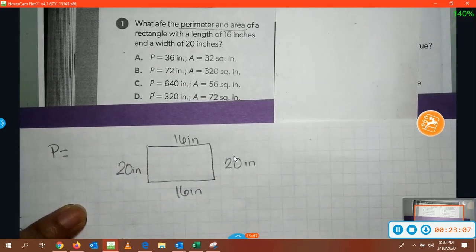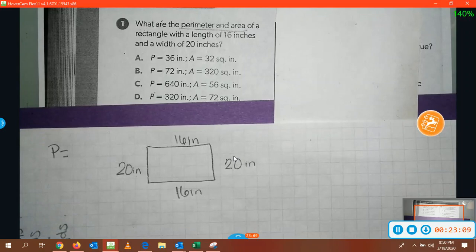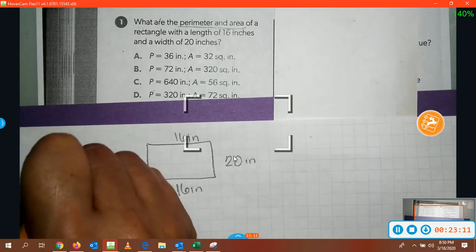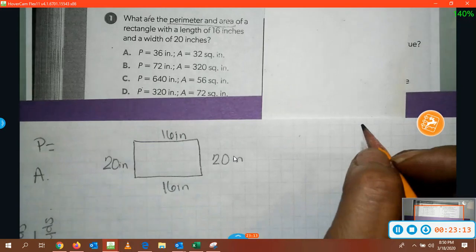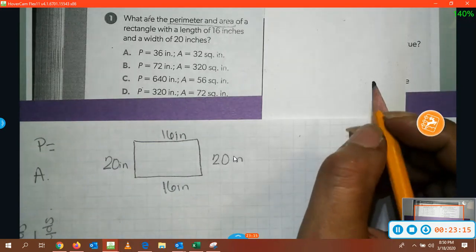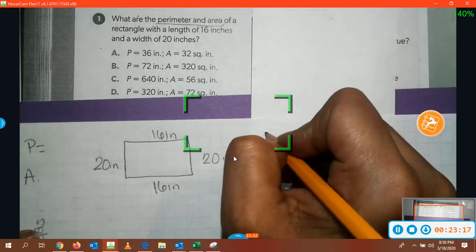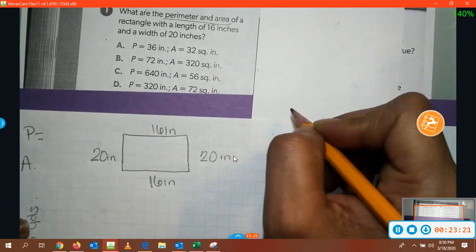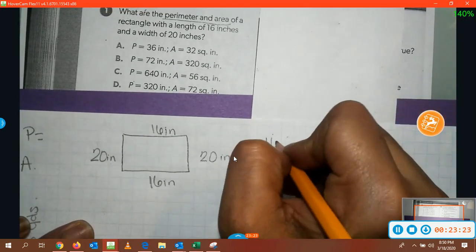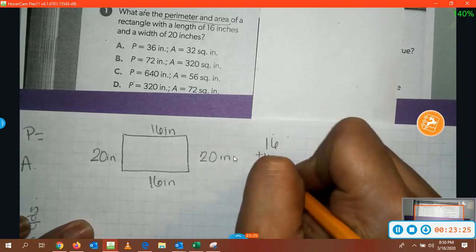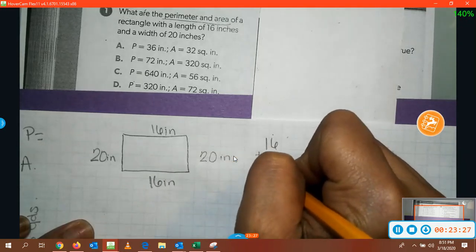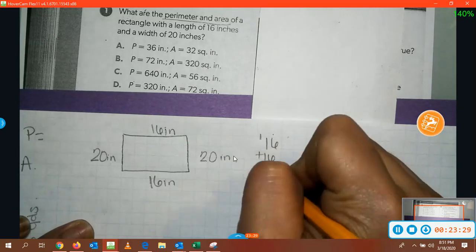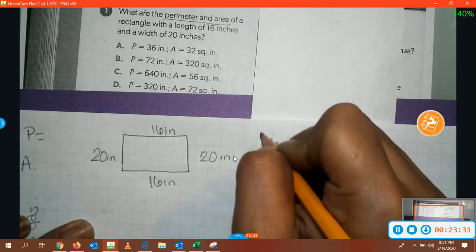Okay, so now let's find the perimeter first. So the perimeter is add all sides. So let's add all sides. 16 plus 16. 6 plus 6 is 12. 1 plus 1 is 2, plus 1 is 3.